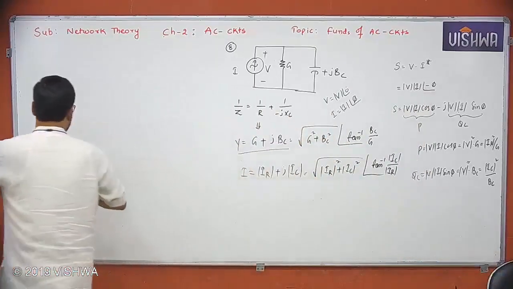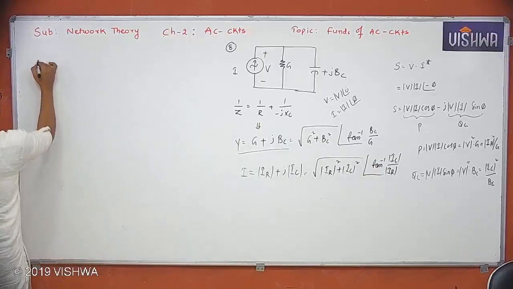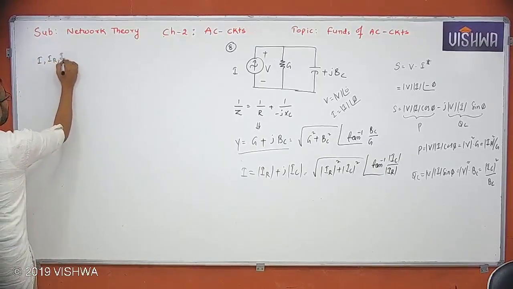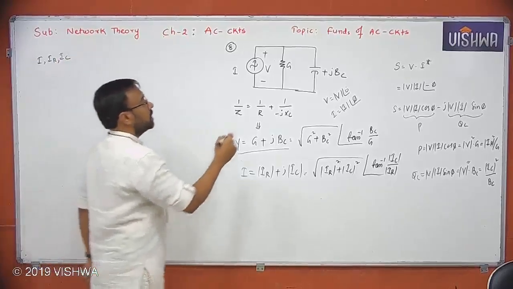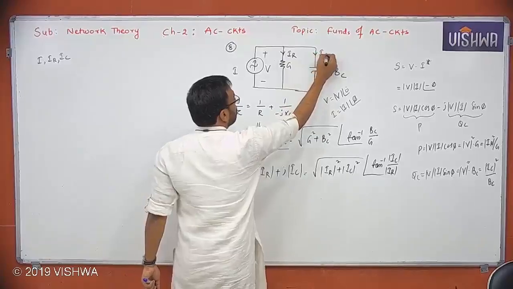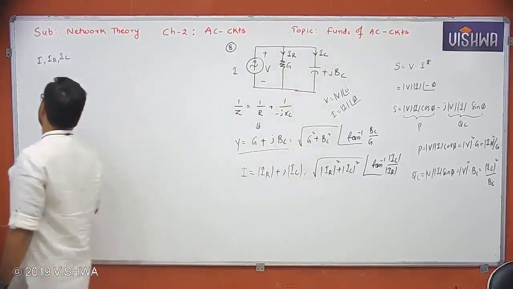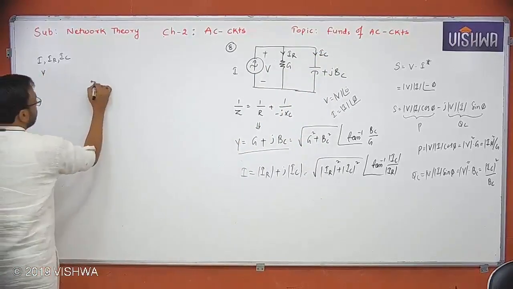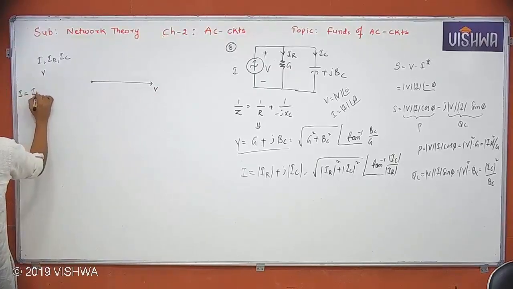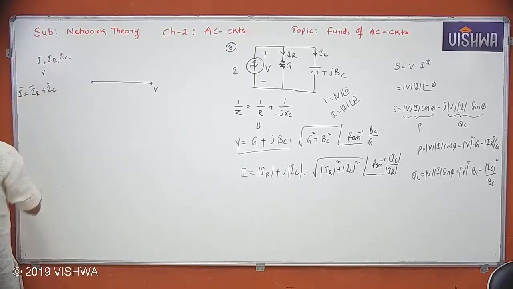So let me list out the phasors to be represented: I, IR, IC, yes or no? This is IR, right? This is IC, right? Voltage is same for parallel. Voltage V is taken as reference. Also know that I is equal to what? IR plus IC. This is the phasor addition. At the tip of IR, I need to add IC.